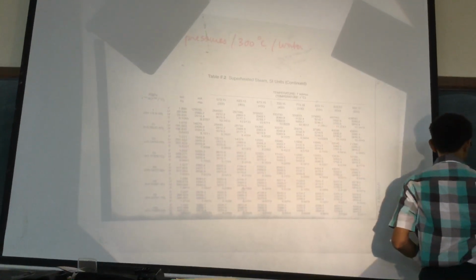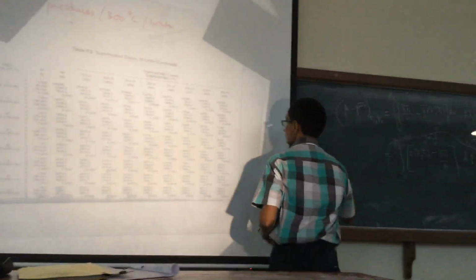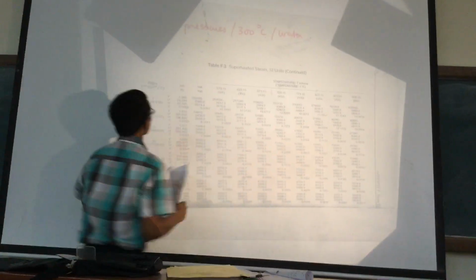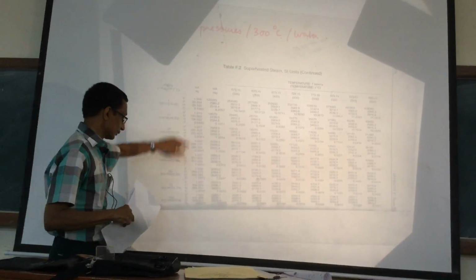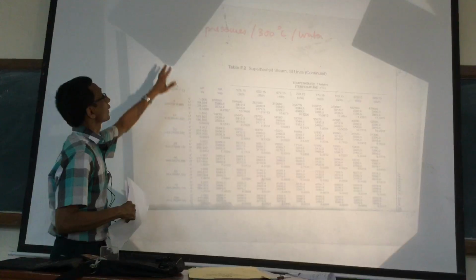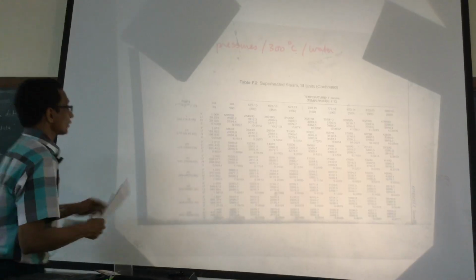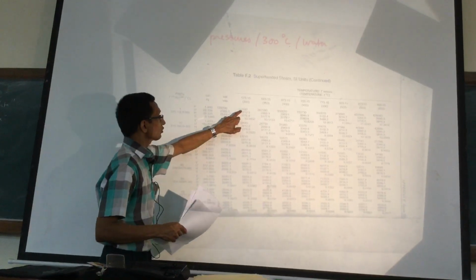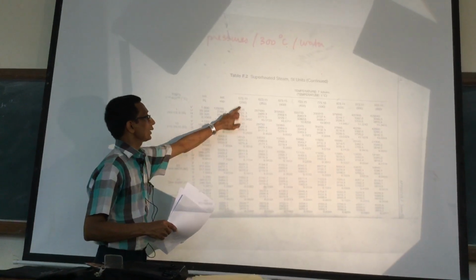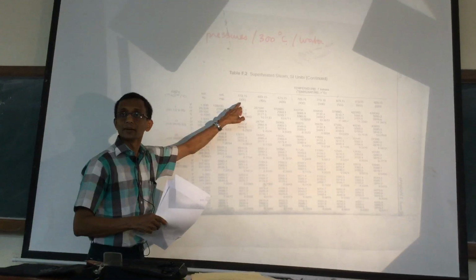So let me write that down. The pressure 1 kilopascal. And then I have to look at V. This V is in centimeter cube per gram, I think. It might be there at the bottom of the table. But anyway, let's see what the V here is. 264500 corresponding to 300.